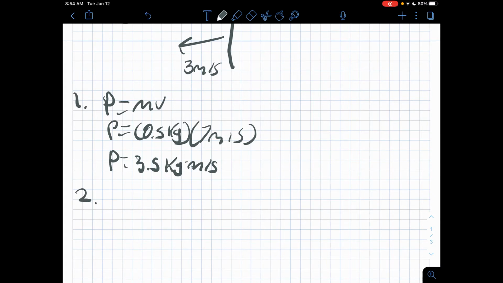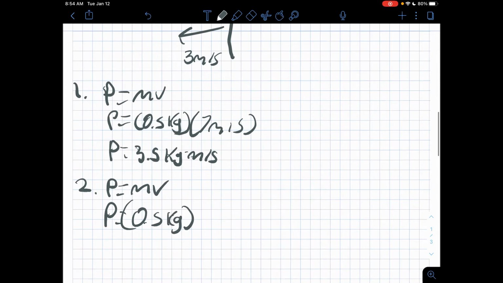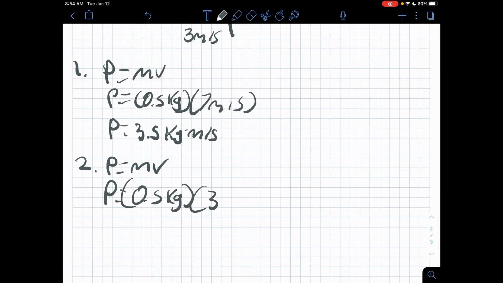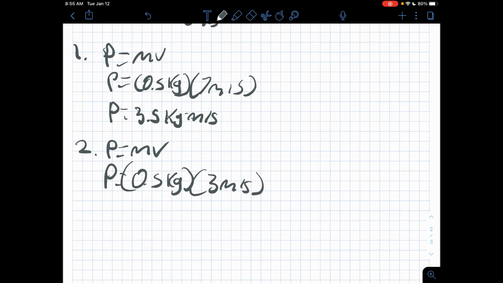For the second one, we do the same thing. P equals mv, and you go P equals 0.5 because the mass has not changed, but the velocity has changed, so we change that to 3 meters per second. And simply we're left with P equals 1.5 kg times meters per second.